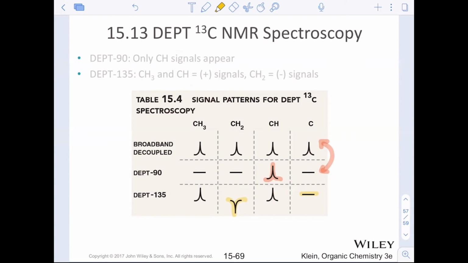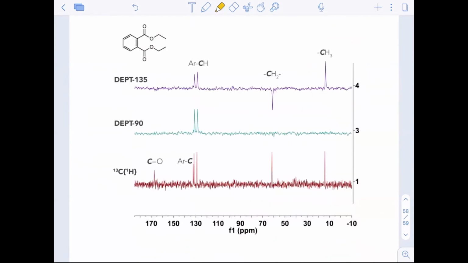A DEPT 135 will invert the CH2 group signal and make it go downward, and it will eliminate our carbon groups with no hydrogens, the quaternary carbons. So this could be carbonyl groups. This could be the carbon that's holding three methyls in a tert-butyl group, things like that. So we want to compare, right? We wouldn't ever do a DEPT 135 without doing a broadband decoupled, or a DEPT 90 without doing a broadband decoupled carbon NMR spectrum.